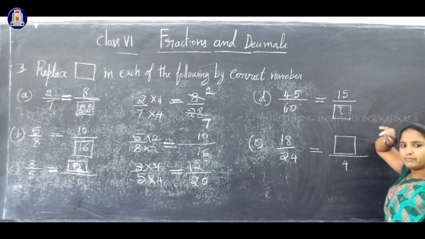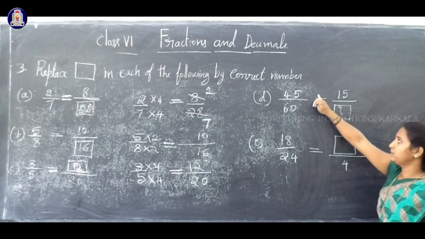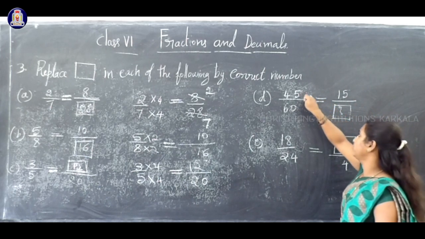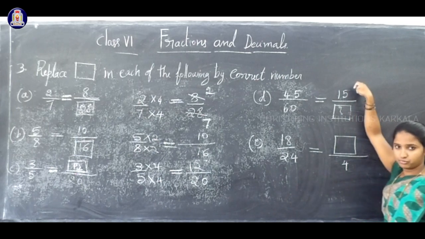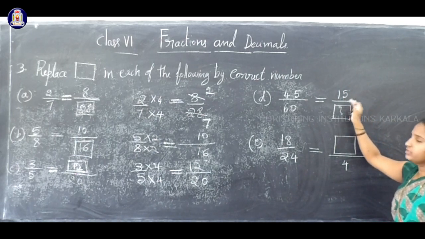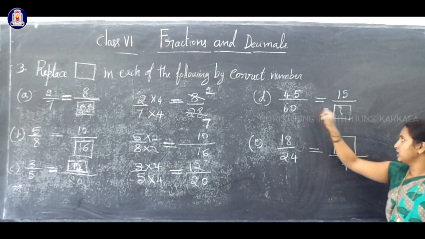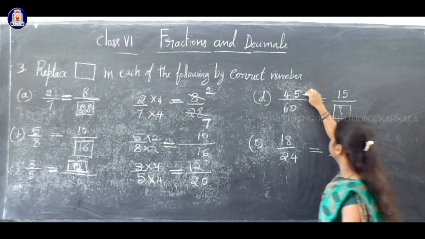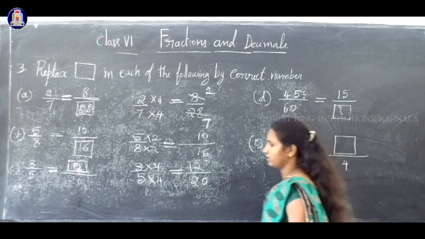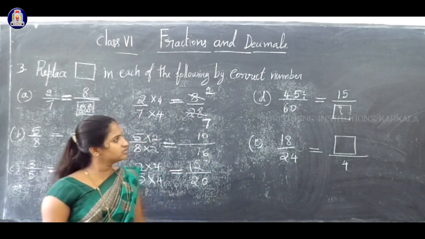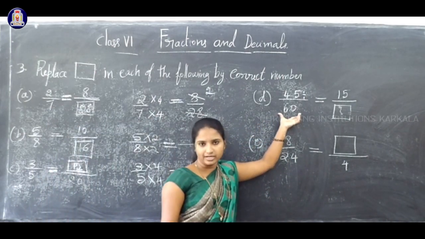So that means you have to divide. We cannot multiply here. If you multiply, what happens? We get a large number. So we have to get 15 as the answer. Here it is given 60. If you divide the numerator by any number, the same number must divide the denominator also.